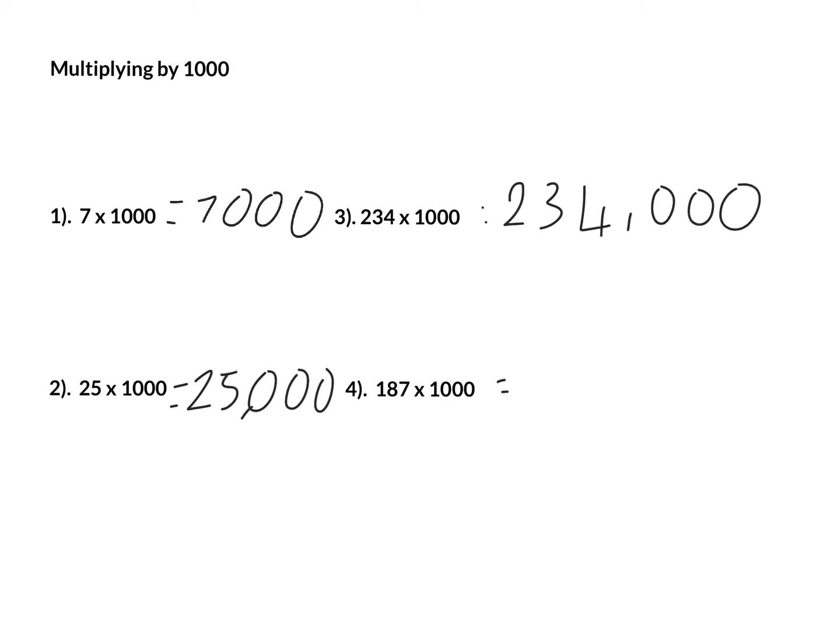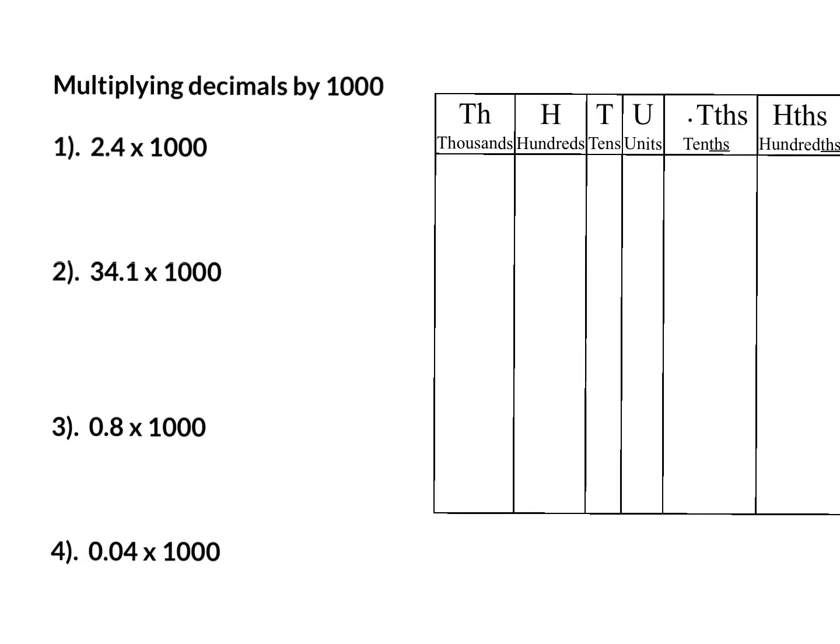And 187 times 1,000 is 187,000. You see each of the numbers, because you're multiplying by 1,000, has 3 zeros at the end.